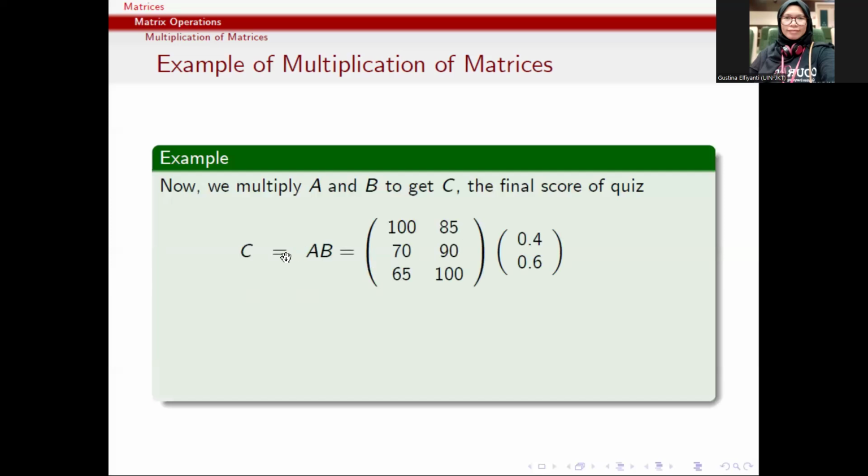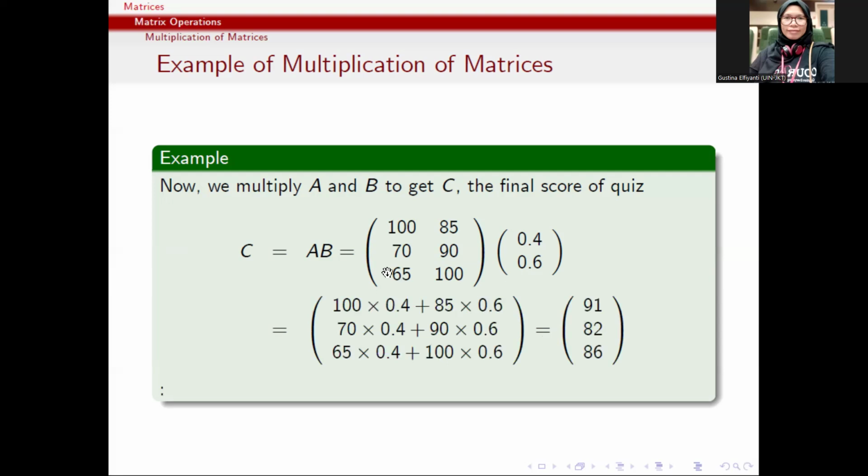So C is A times B, where we have this A and this B, and we get C equal to 100 times 0.4 plus 85 times 0.6, and we get 91.